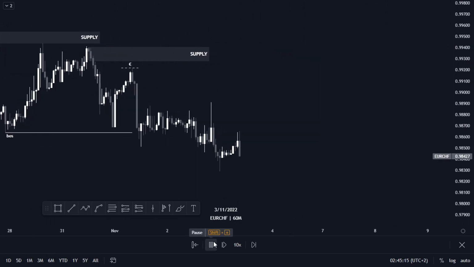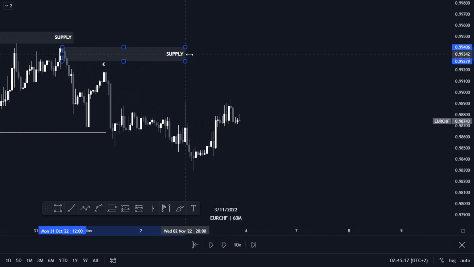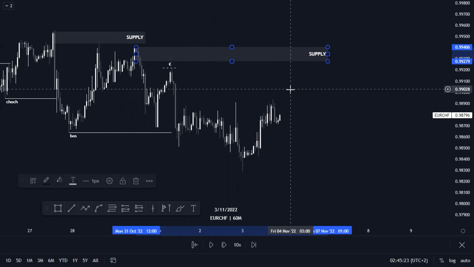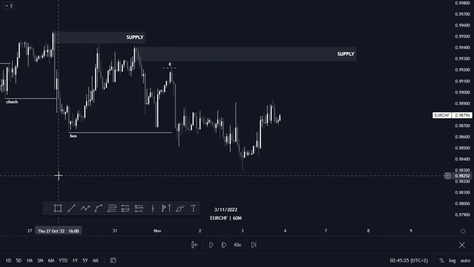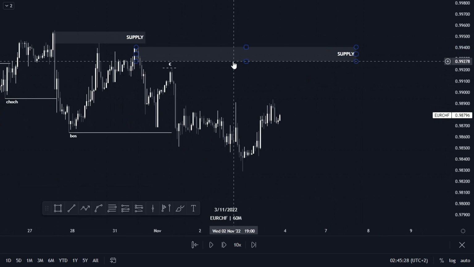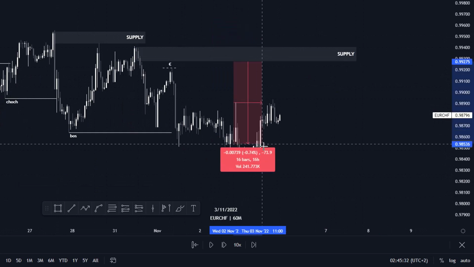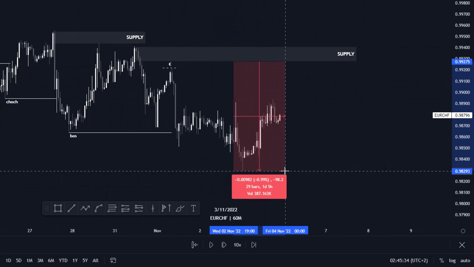Price is still pushing to the downside, then eventually price pushes to the upside. At this supply area we are risking 13 pips for a trade that's worth 100 pips, rounding it off.